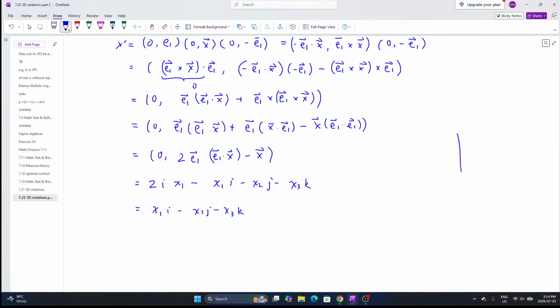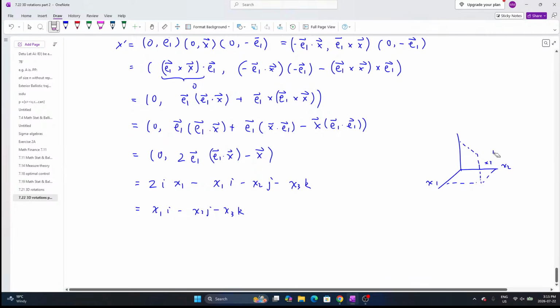Let's draw the picture here. This is a general point x1, x2, x3. Remember, this is x1, this is x2, and this is x3. x1, x2, x3 is changed in the following way. x1 gets reversed.